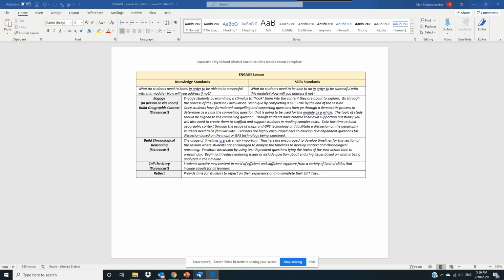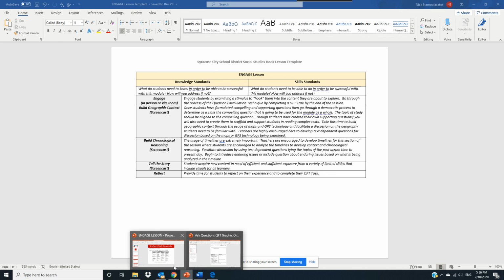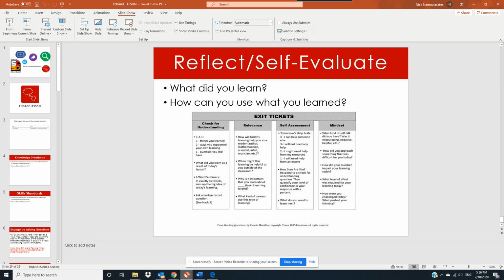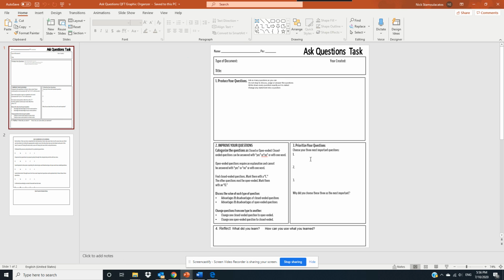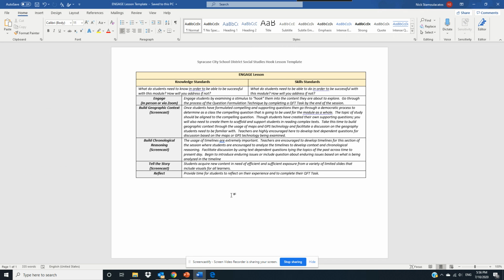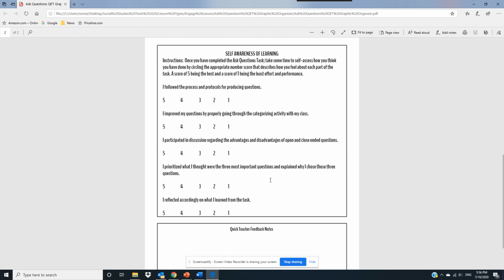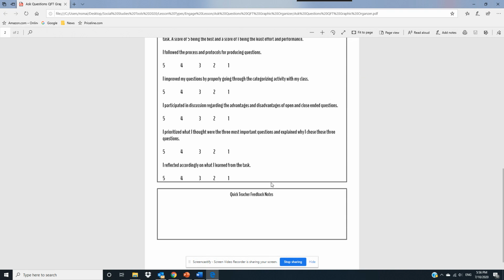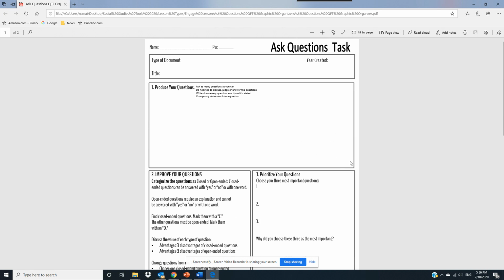So we just wanted to take you through. Obviously, we have the slides here and the task that's in Microsoft PowerPoint for you. We also have the Microsoft Word lesson plan template and obviously the Ask Questions task that students can work on throughout the question formulation technique process.